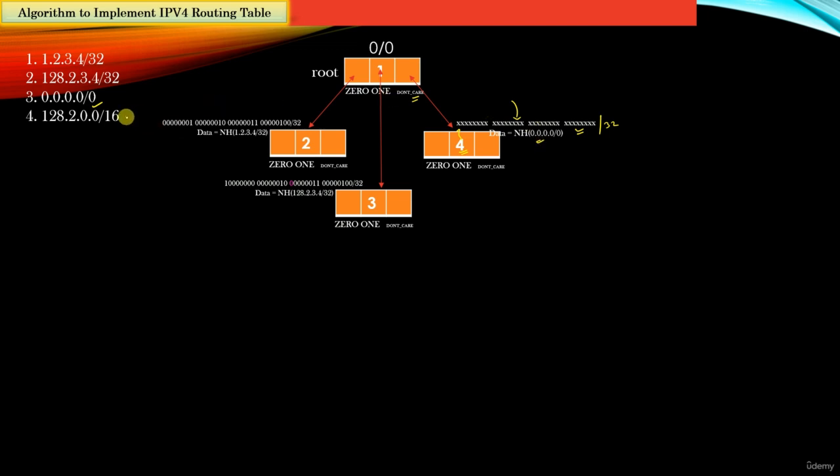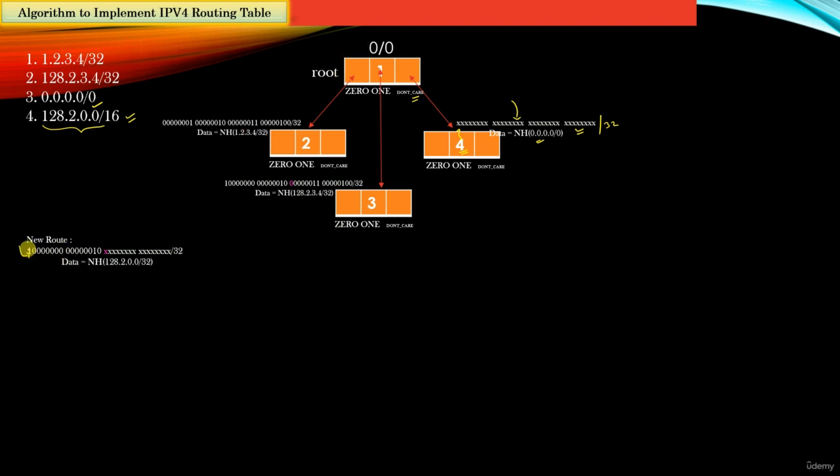Now let us talk about insertion of the route 128.2.0.0/16. Now things become a little bit non-trivial. Let us convert the route number 4 into its effective prefix form. You can see this is the route number 4, which is converted into its effective prefix form. Now let us start traversing the tree starting from the root node.